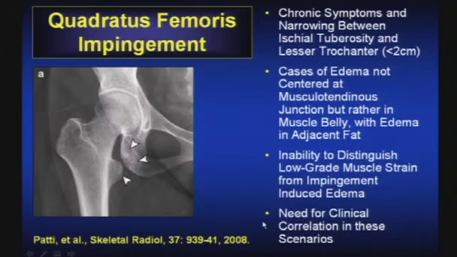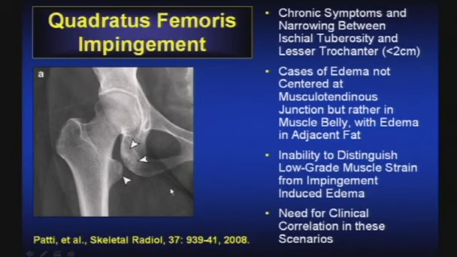Well, I said that we'll have to consider acute trauma, as in the last case, as well as chronic repetitive microtrauma. And another type of hip impingement has been quadratus femoris impingement, ischiofemoral impingement, described in the literature. Now, if you look at this plain film, it would make complete sense that this person may have an ischiofemoral impingement, right?